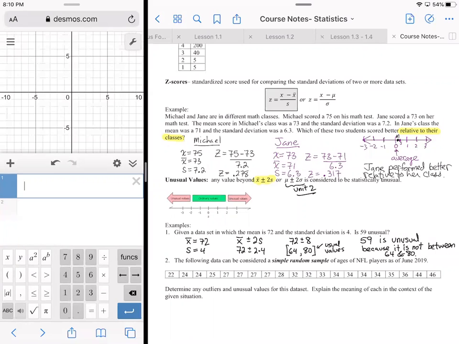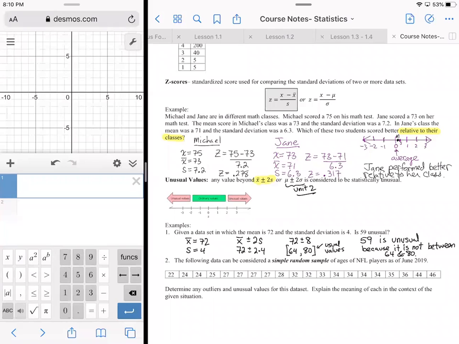All right, and so number 2, the following data can be considered a simple random sample of ages of NFL players as of June 2019. And honestly, I don't even remember collecting this data, but I did. I must have, because this is definitely my style of problem. Simple random sample, and we're going to do this in Unit 3 in more detail and with more emphasis on vocabulary.